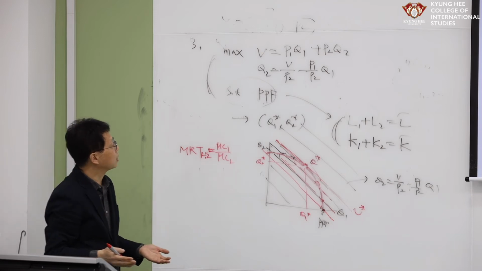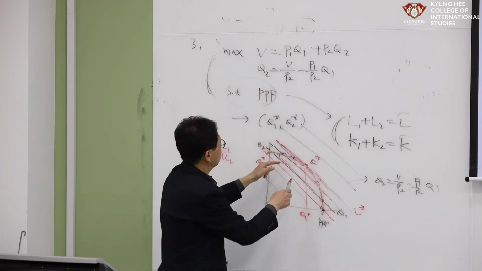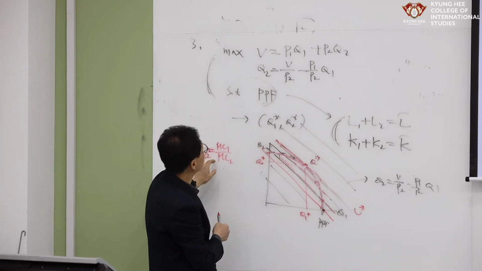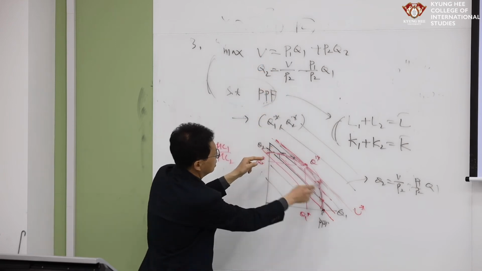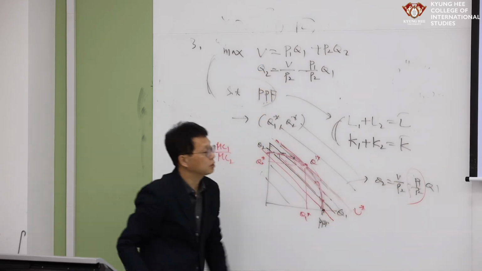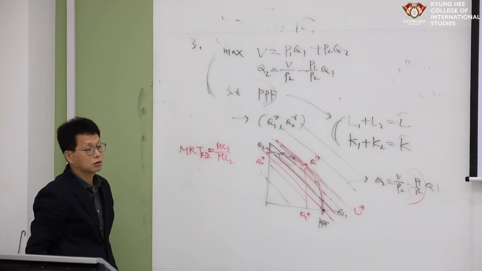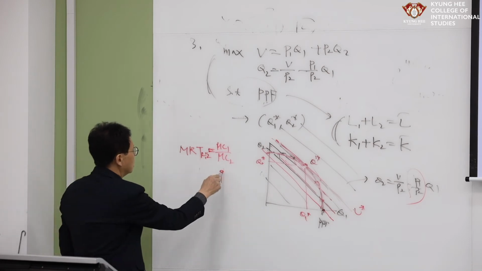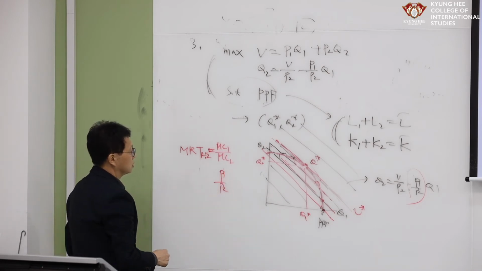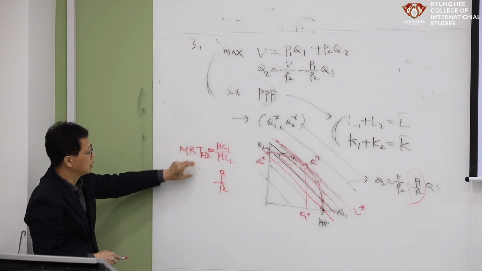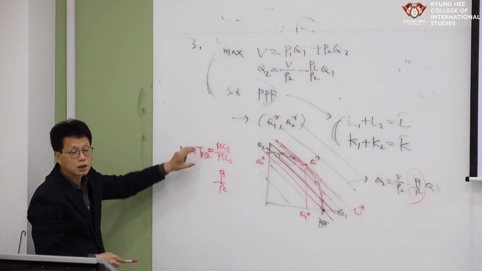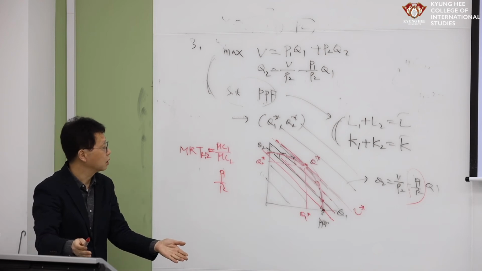Also, now think about the slope of the isovalue line. This is the slope of the PPF, and the slope of the isovalue line is P1 over P2. The changing rate is minus P1 over P2, and the slope is P1 over P2. That is the slope of the isovalue line. That is the slope of the PPF. They are the same. Why?